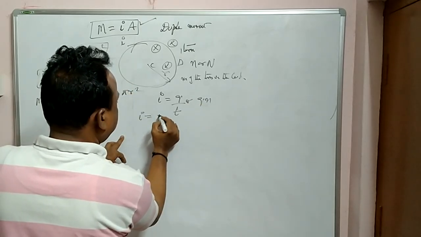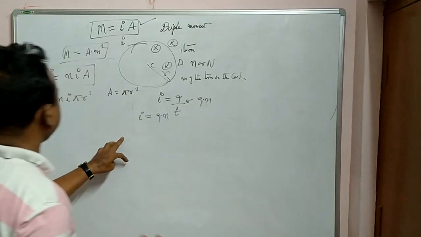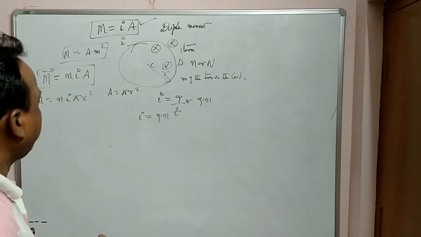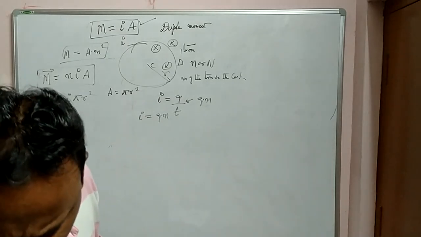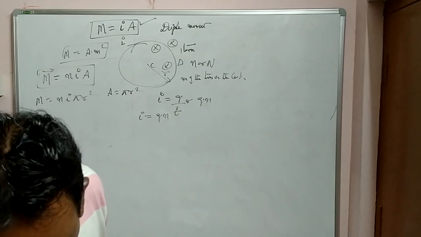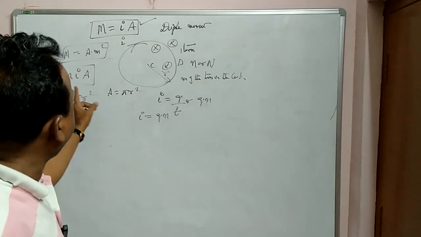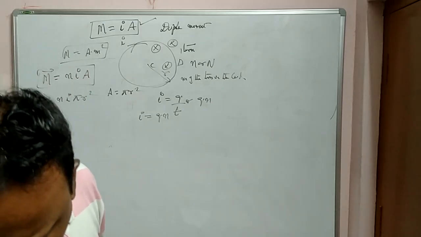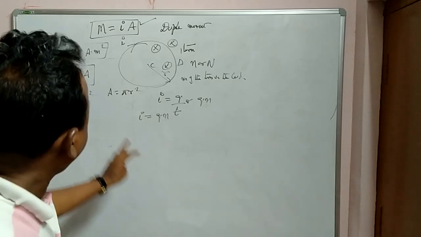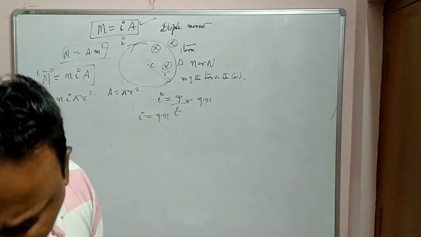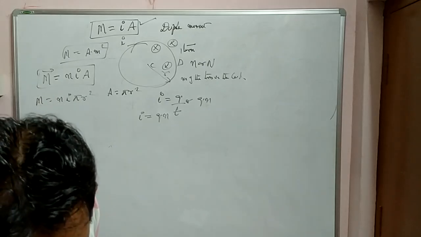Strength of current is charge into frequency. So here you can put this formula also. So finally what happens here? Okay. Dipole moment M is equal to NIA, okay, NIA or NI pi r square.